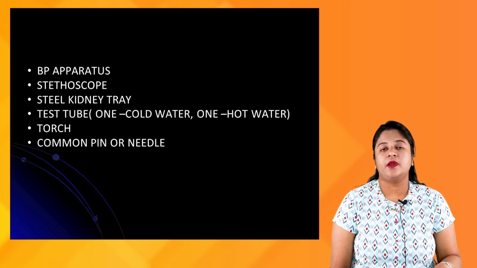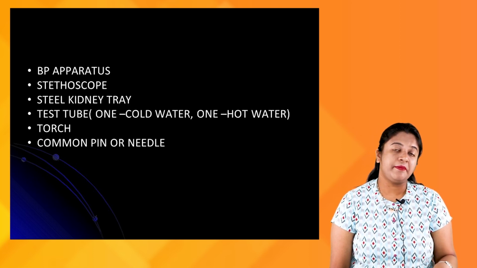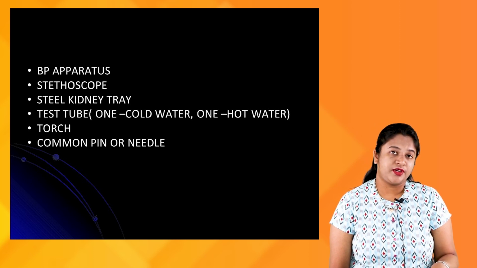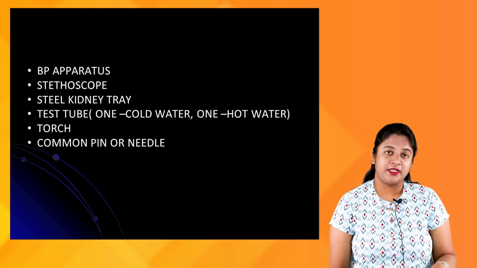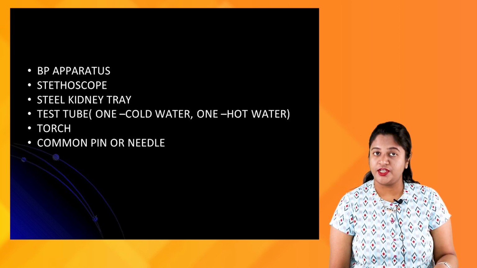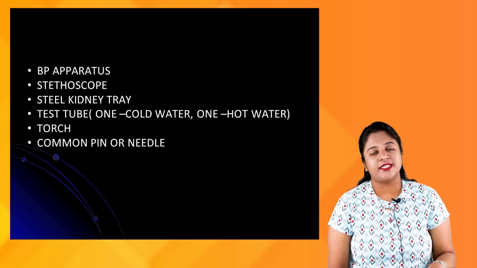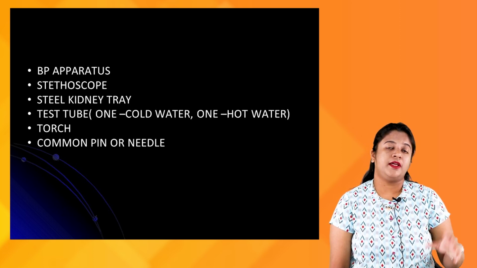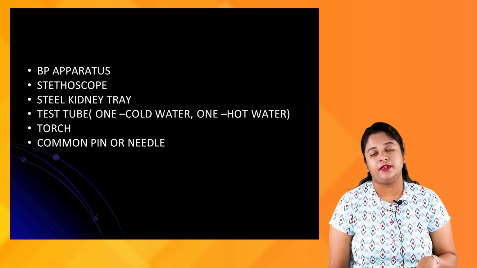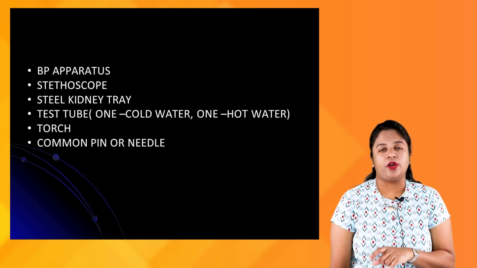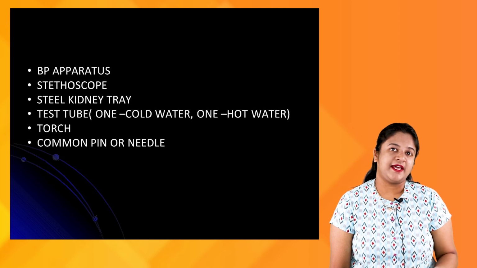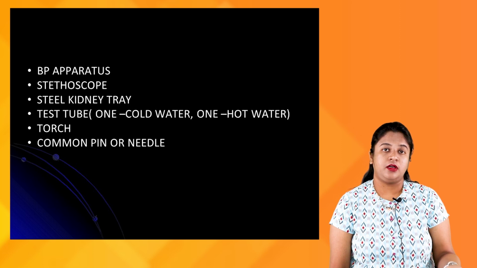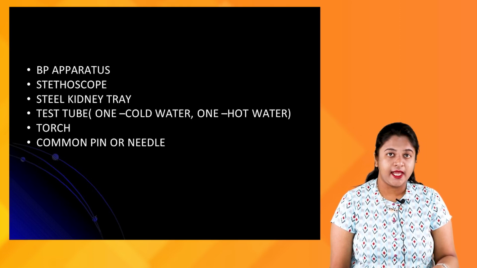The other things we require are the BP apparatus to monitor the BP, and the stethoscope to find out the heart rate and respiratory rate and any abnormalities in the heart. Then you require a kidney tray to discard all the waste objects. You may require two test tubes, one filled with hot water and the other filled with cold water. And you may require a torch as well as a pin or a needle. So these are the equipment required for doing a neurological examination.